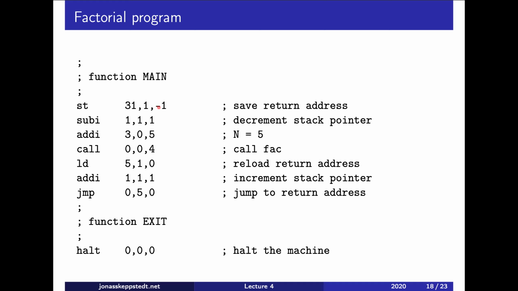It starts with creating a stack frame for itself, which means it's this part which creates the stack frame. Save the return address and decrement the stack pointer. It only needs one word. Okay, and then it makes a parameter by storing 5 in register 3, and then it calls factorial at address 4. Okay, so let's go there.